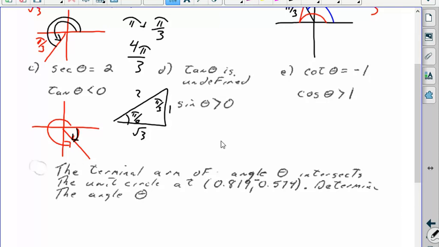So our reference angle is pi over 3. Our rotation angle is all the way to 2 pi and back up. So 2 pi minus pi over 3, 5 pi over 3.